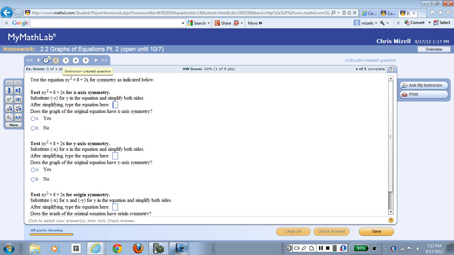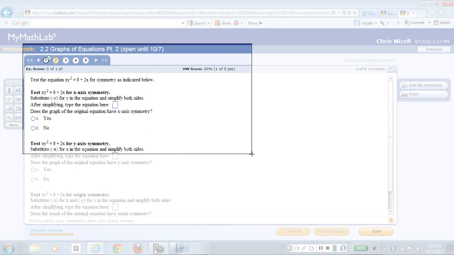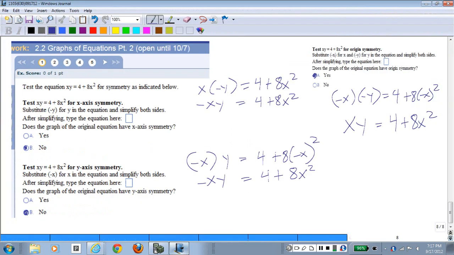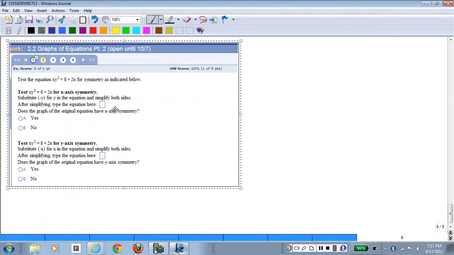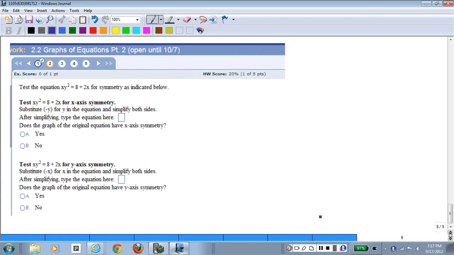Is this a little different? More of the same, but a little different. If we're testing for x-axis symmetry, what clues do we have? The y squared maybe gives us some hope that this could have x-axis symmetry.